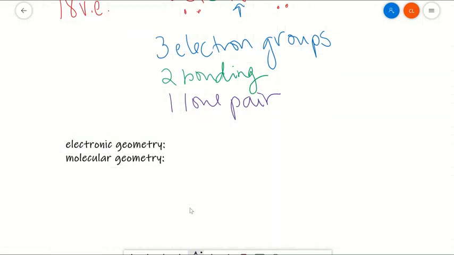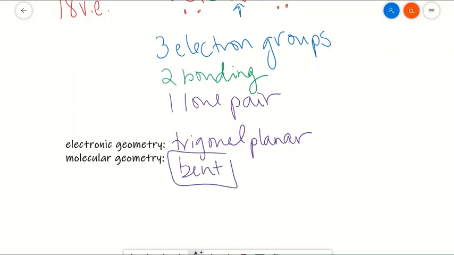So again, that electron geometry, because we have 3 things around it, is trigonal planar. And the overall geometry is bent.